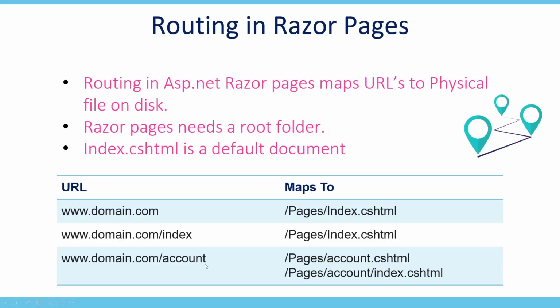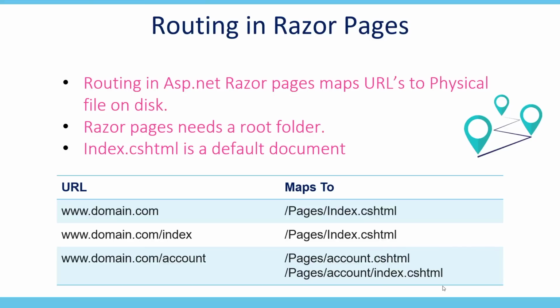And if it is domain.com/account, then by default it will first look inside the Pages folder for a page with the name account.cshtml, and if it does not find it, then it will look into the Pages folder for an account folder, and in there it will see if there is index.cshtml, which is the default page.